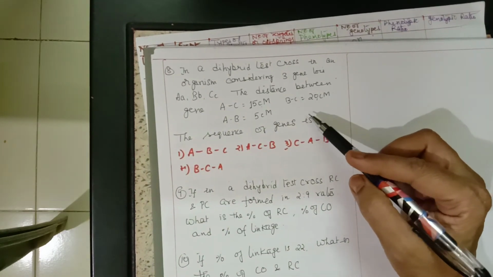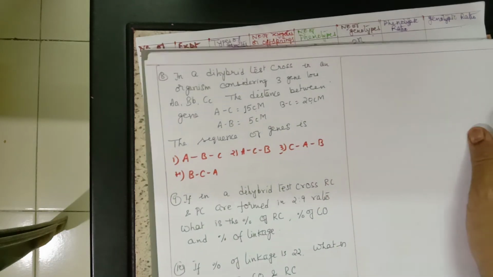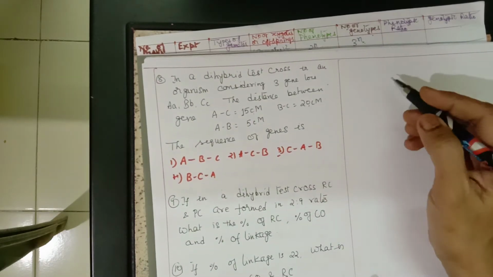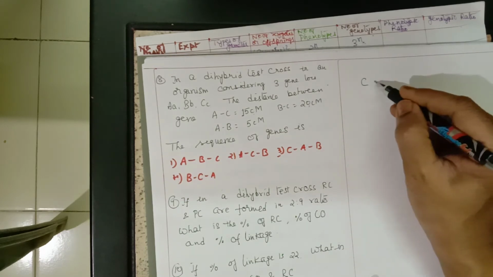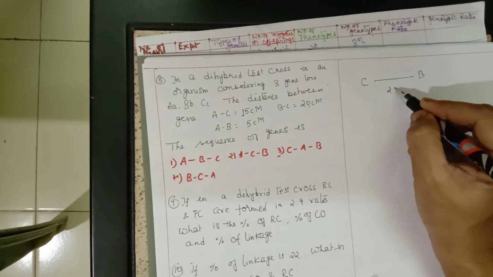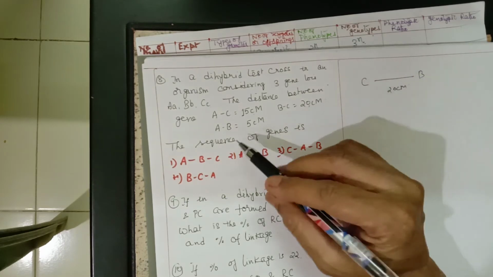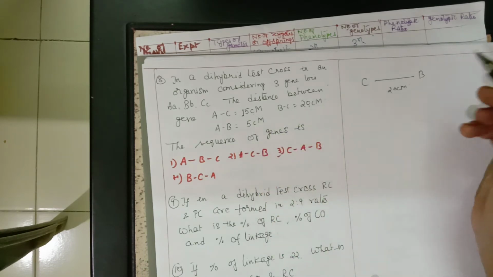Always for this, you have to take the distance which is longest. So take the distance between B and C, 20 centimorgans. Then what else is given? Between A and C it is 15, and A and B it is only 5.